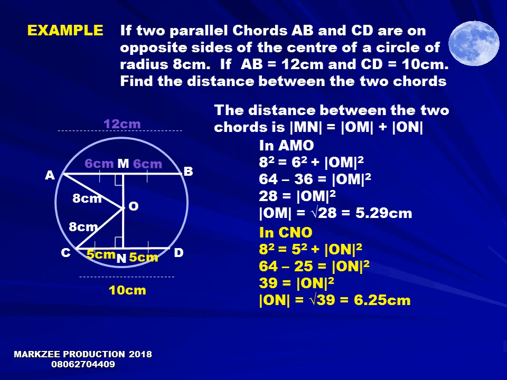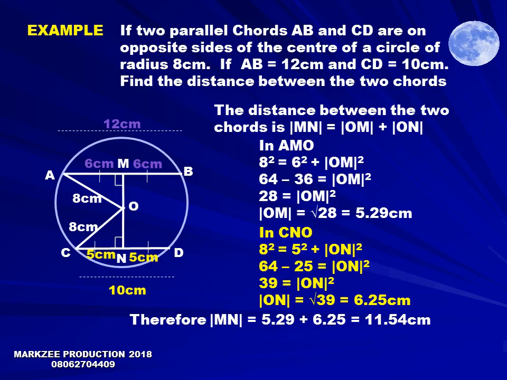The distance from M to N is equal to the distance from O to M plus O to N. So we need to find those distances. Now in triangle AMO, we use Pythagoras theorem to get the distance OM. So OM will give us 5.29 centimeters.